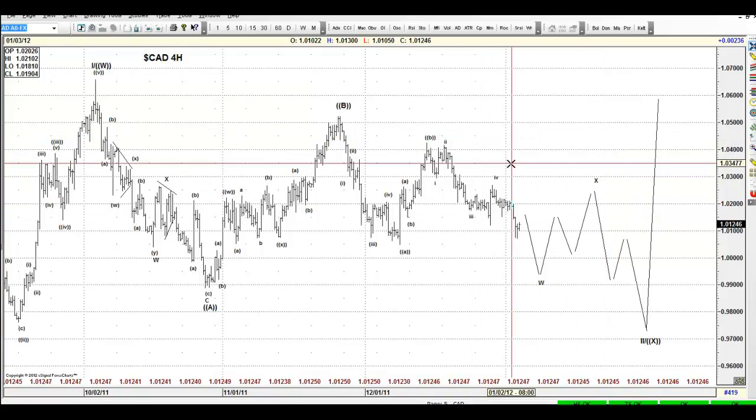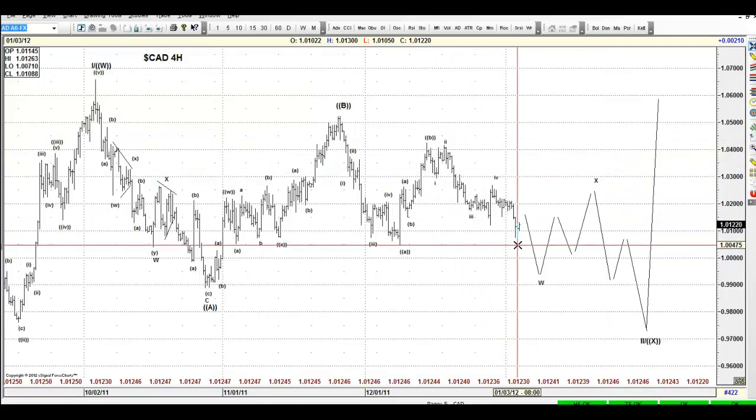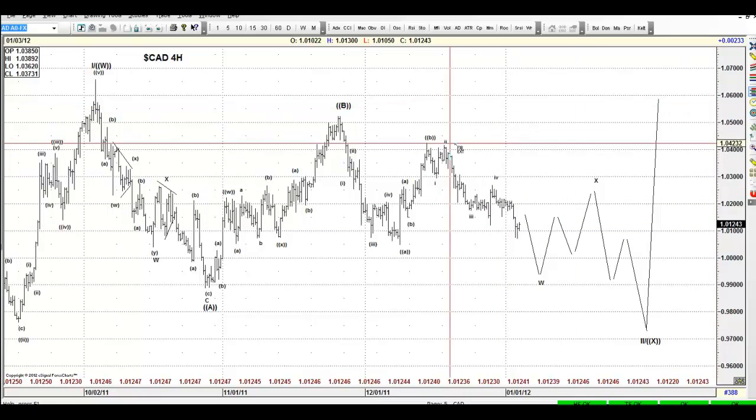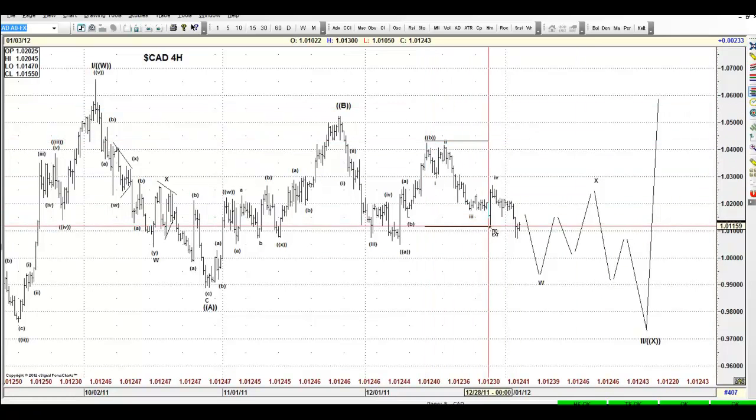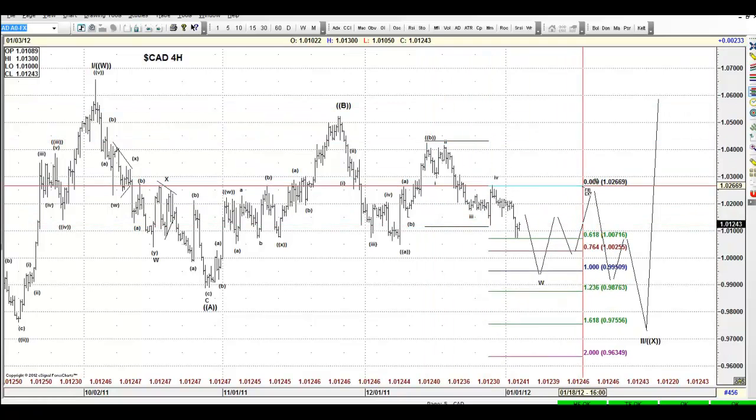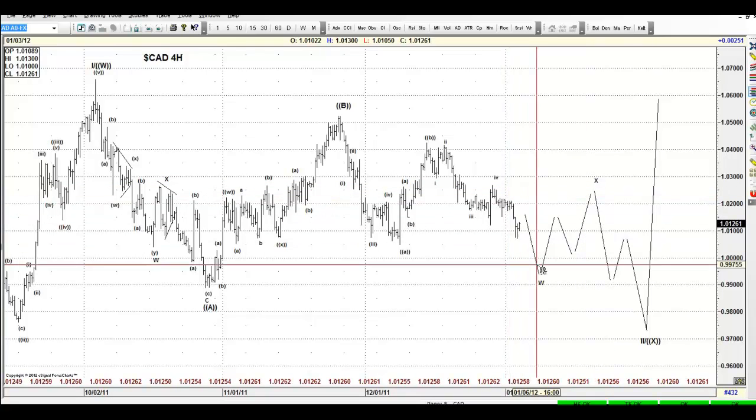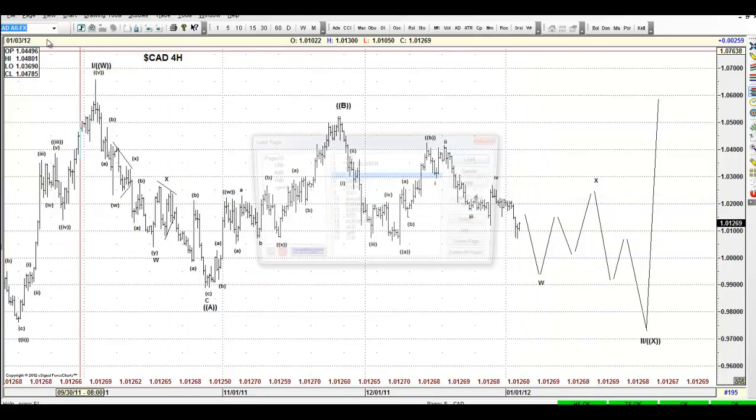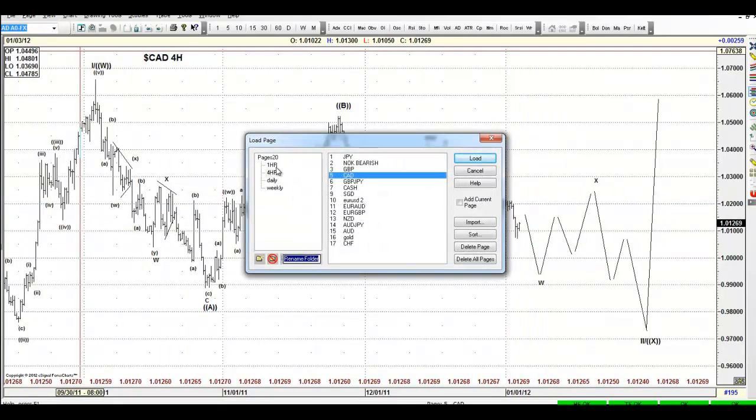Now, this was in a regular flat, and that makes the whole sense in the world for this pair to be doing something like that. It's bouncing, it got support at the 618 right there, but I think that it still got more downside, at least another leg down.